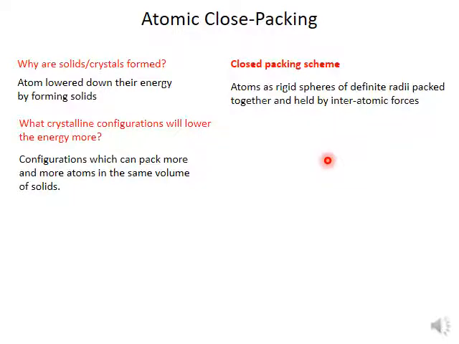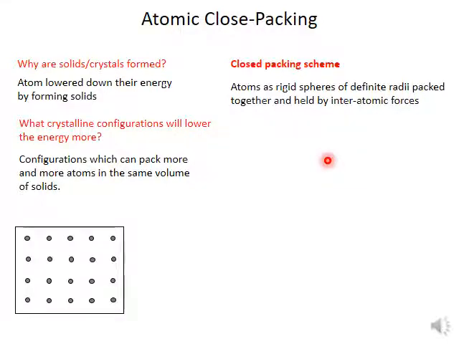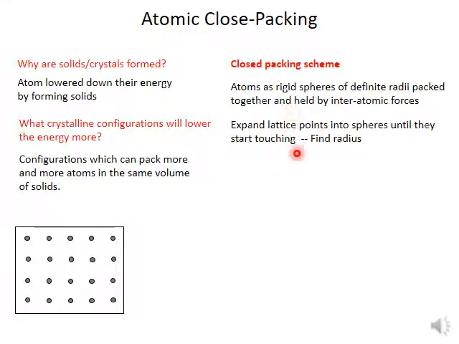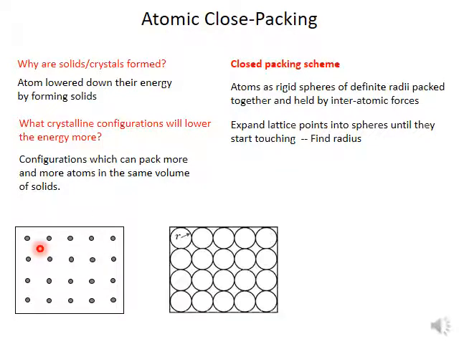So how would we go about representing a close packing scheme? This is the picture we've been looking at. It's a square lattice with lattice points. If these lattice points are atoms, then it's a physical crystal. To go to the close packing scheme, we expand these lattice points into spheres, until they start touching each other, and that would be the distance at which they won't squeeze each other any further.